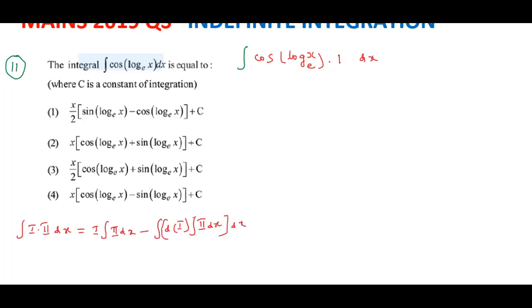Now, what is the first function here? cos of log x to the base e. This is the first function.